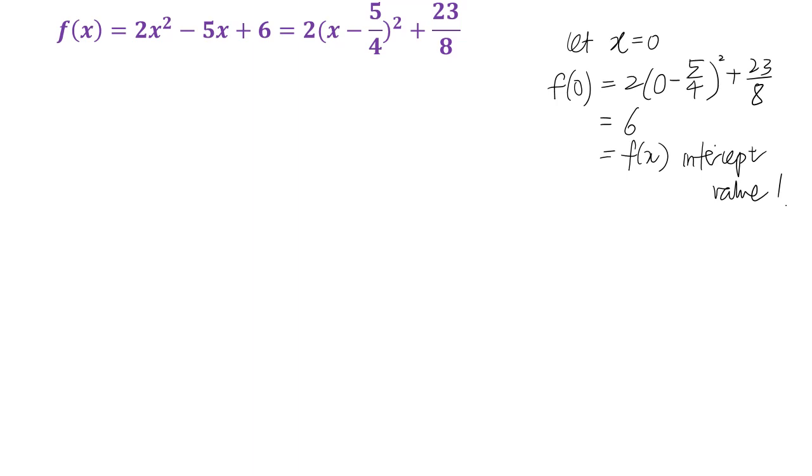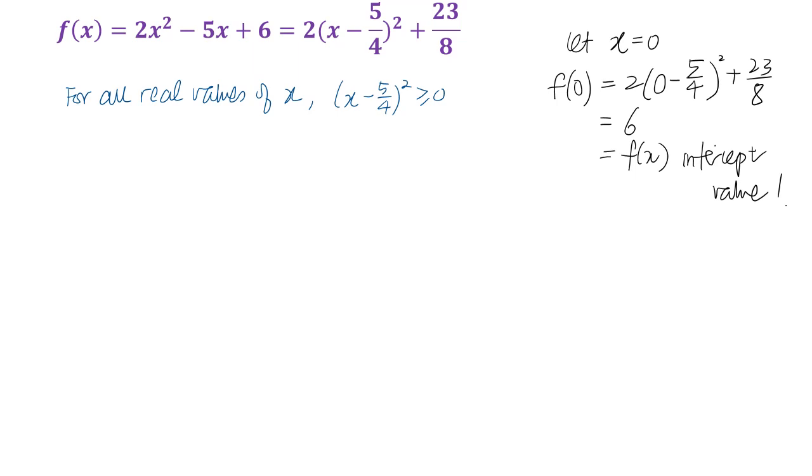Right. And then let's look at other information. So for all real values of x, that means I can substitute my x to be any values. Positive, negative, integers, rational, irrational, real numbers, whatever. Right, so you observe that when you square x minus 5 over 4, the minimum value is 0.